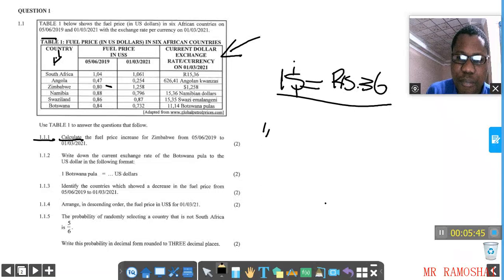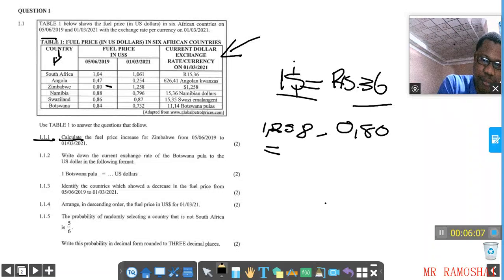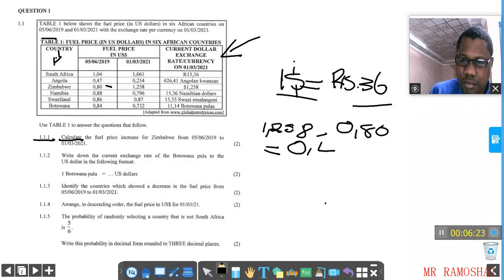We're going to say 1,258 minus 0,80, which gives us, let's see, 1,258 minus 0,80, which is equal to 0,458.